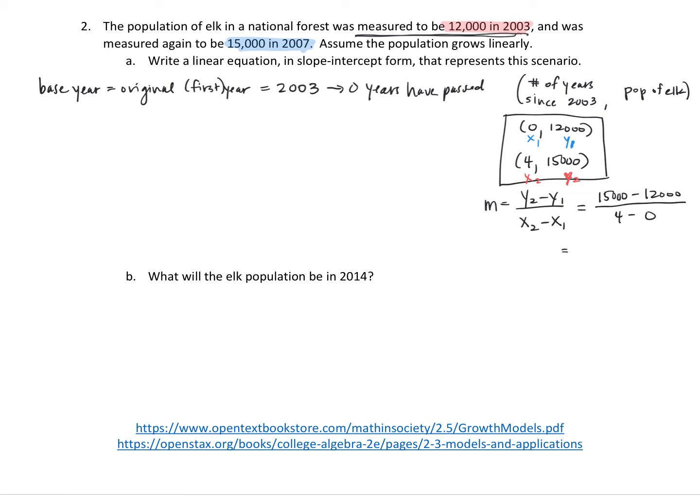Now we can subtract, so we will see that this is 3,000 over 4. If we divide that out, we will get 750. So 750 on average. Let's think about our units here. The Y's, that's the population of elk, right?